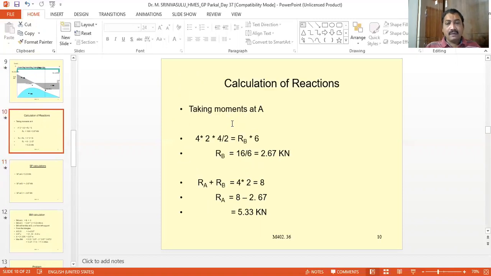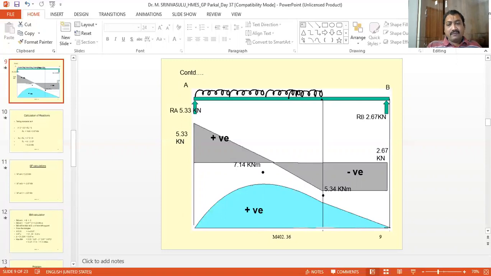So now how to draw the diagram? Take a suitable scale. This is minus 2.67, and here also minus 2.67. The third point is here, plus 5.33, so on the upper side of the zero value, whereas these are on the lower side of the zero value.